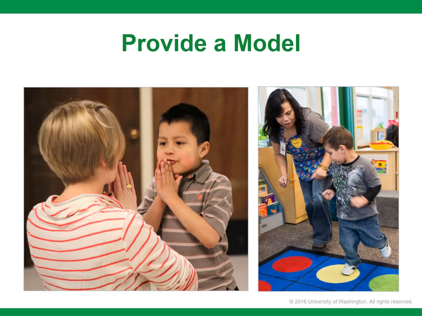To support a child's participation in learning, an adult can also model how to expand on an existing skill or perform a new skill. In some cases, that may be all the child needs.